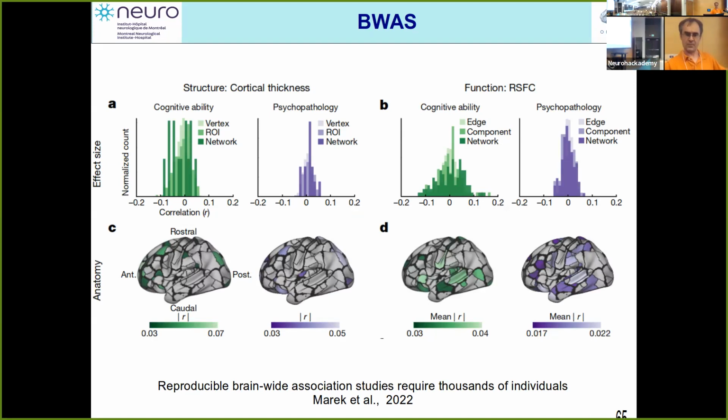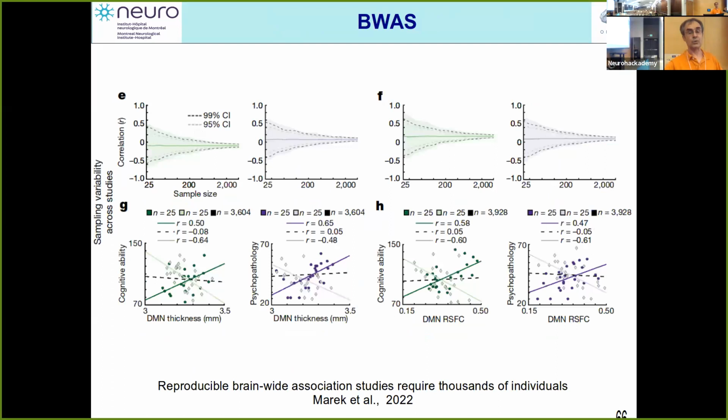with cognitive abilities or psychopathology. An important aspect in that figure is that if you look at the variation of those effect sizes for, let's say, a cohort of 150 subjects, which is already a large cohort, the variation of those effect sizes is very high, and that is important to have in your brain.